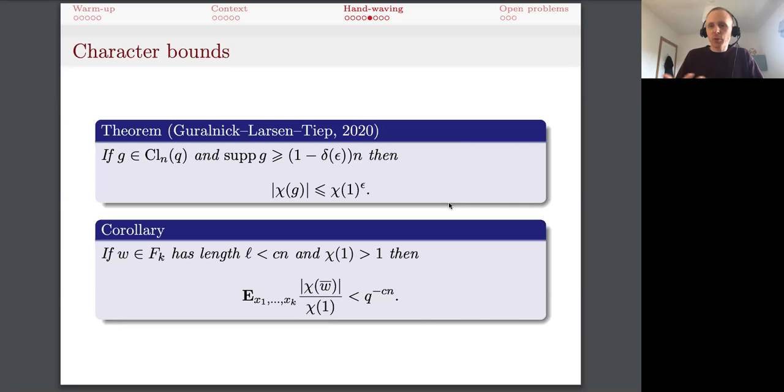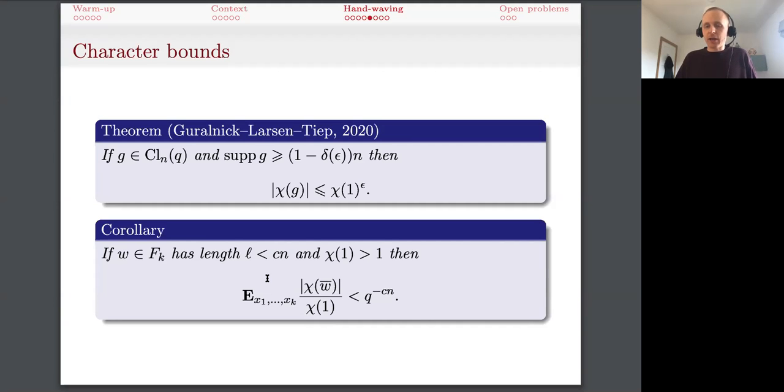And this combines really well with what I was just saying about the failure of step 1. So this corollary follows from this character bound and this failure of step 1 theorem. So if I take some character ratio, by which I mean the value of the character divided by the degree, and I evaluate this on some word of length less than a constant times n, like length less than n over 10, something like that, then what can happen?